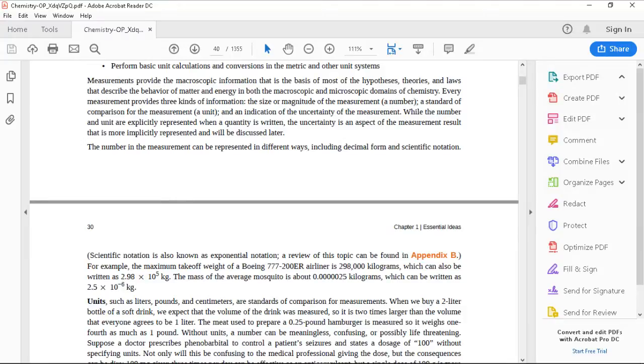While the number and the unit are explicitly represented when a quantity is written, the uncertainty is an aspect of the measurement result that is more implicitly represented and will be discussed later. The number in the measurement can be represented in different ways, including decimal form and scientific notation.